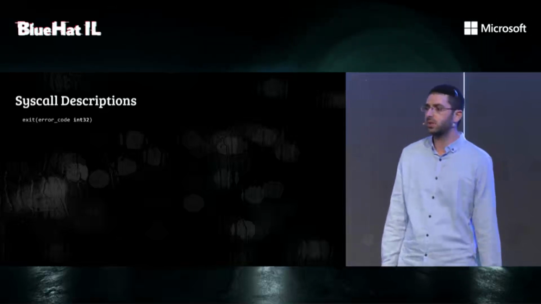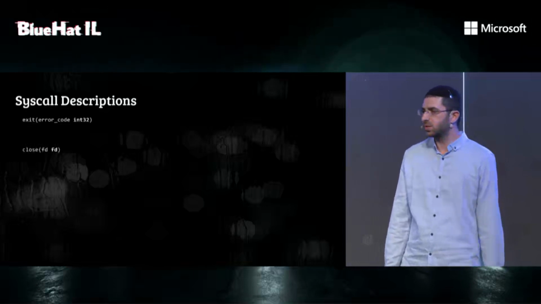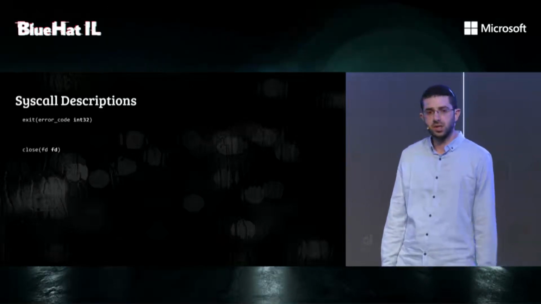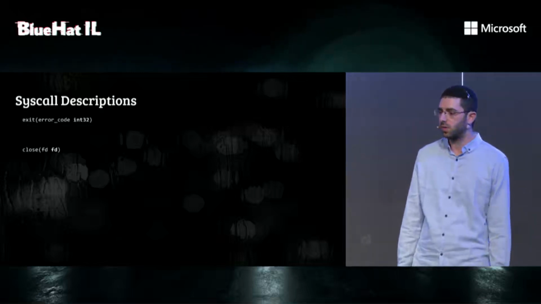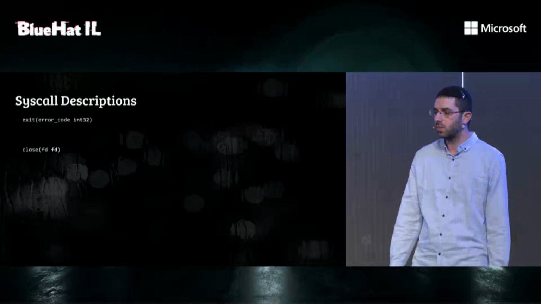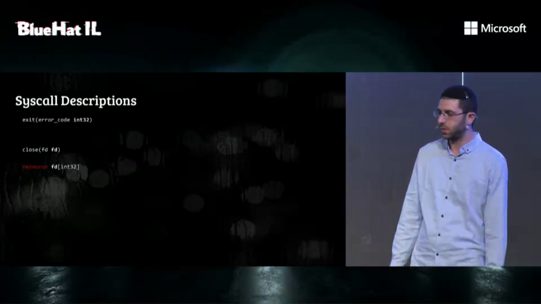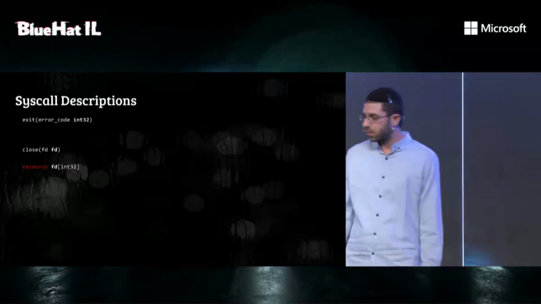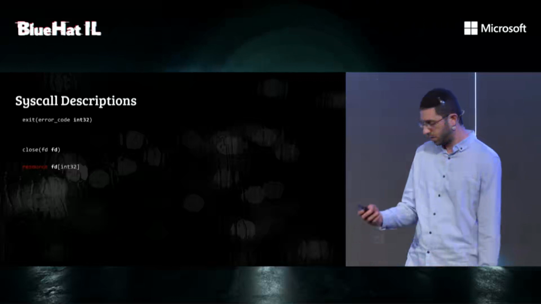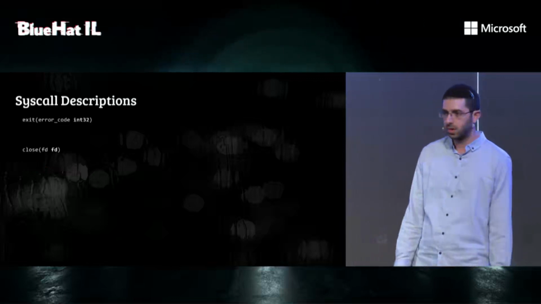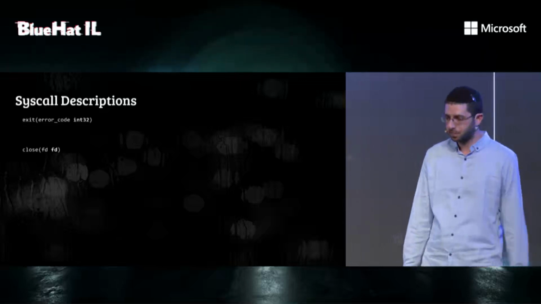A more complicated example is the close syscall. This syscall receives a file descriptor, which is technically an int. However, we know that file descriptors are a kernel resource, meaning that random numbers would just be rejected by the kernel.